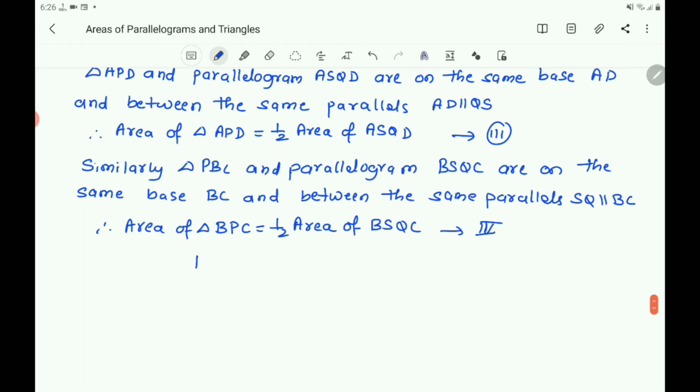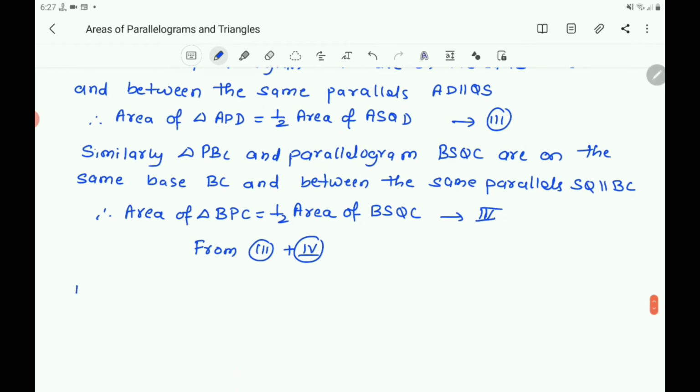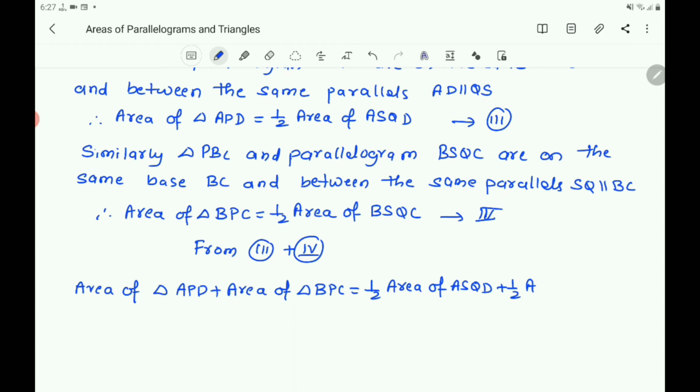So from third plus fourth, you write that LHS means area of triangle APD plus area of triangle BPC equals half area of ASQD plus half area of BSQC.